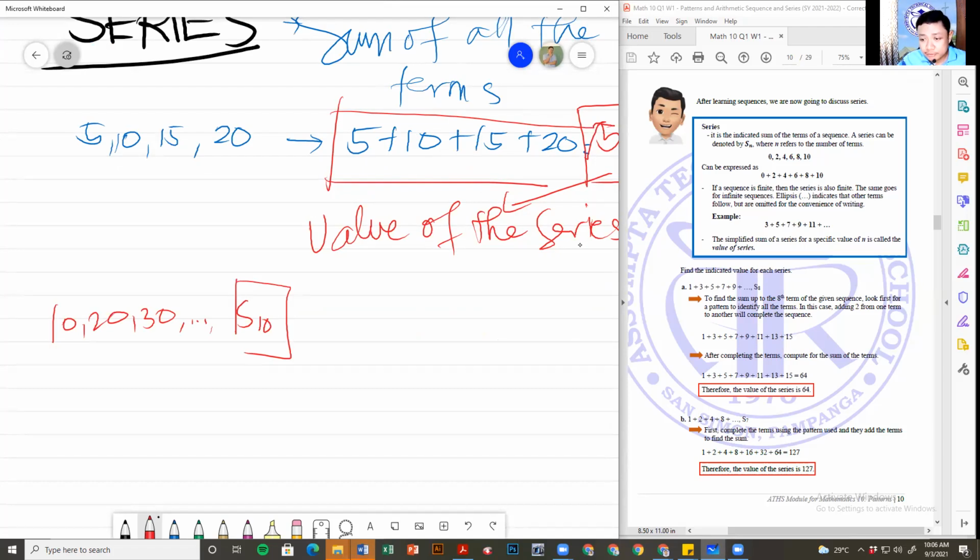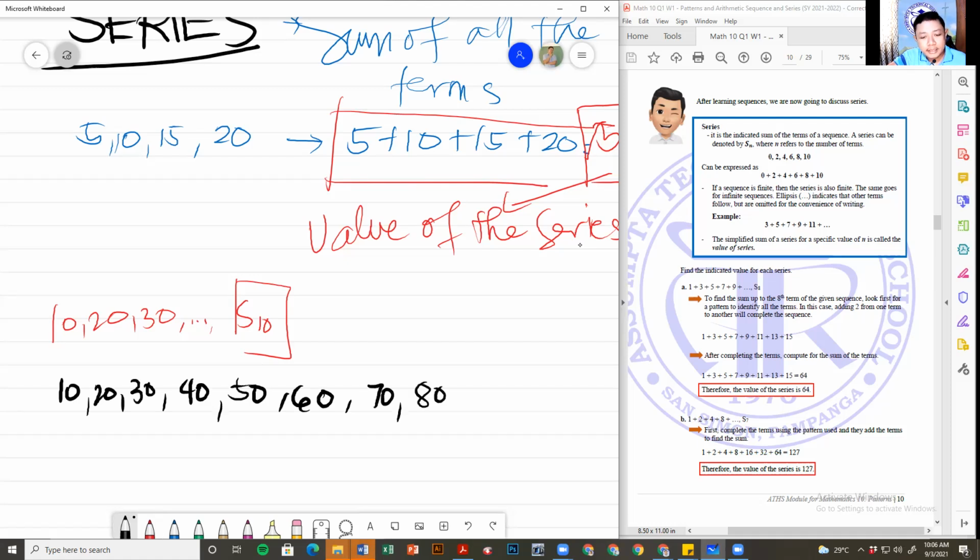So in short, you just have to complete the number of terms. In this case, S sub 10, you just have to add the first 10 terms. That's what this symbol means. So we will have here 10, 20, 30, 40, 50, 60, 70, 80, 90, 100.